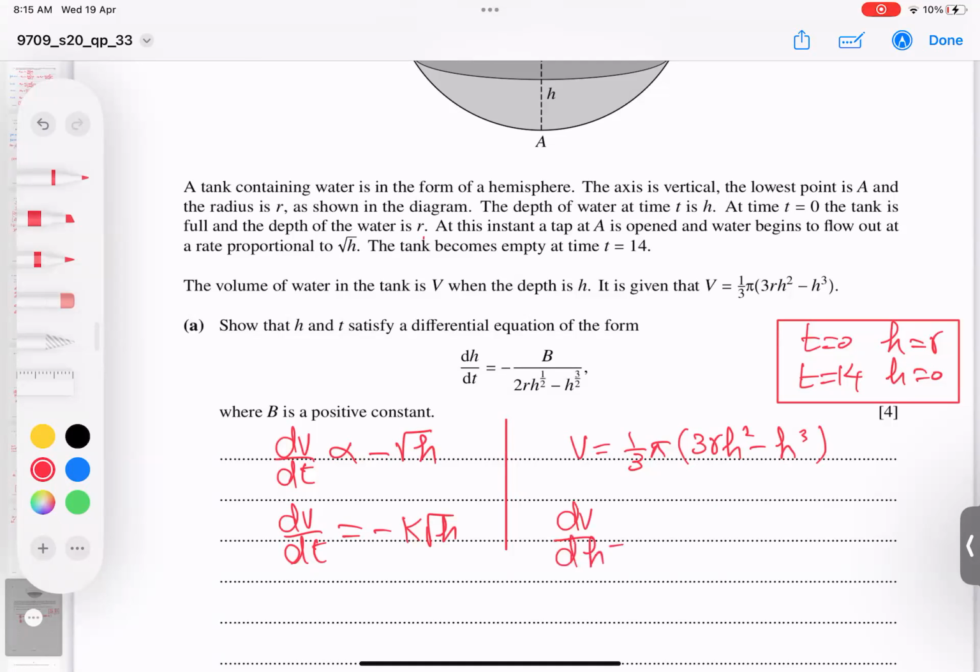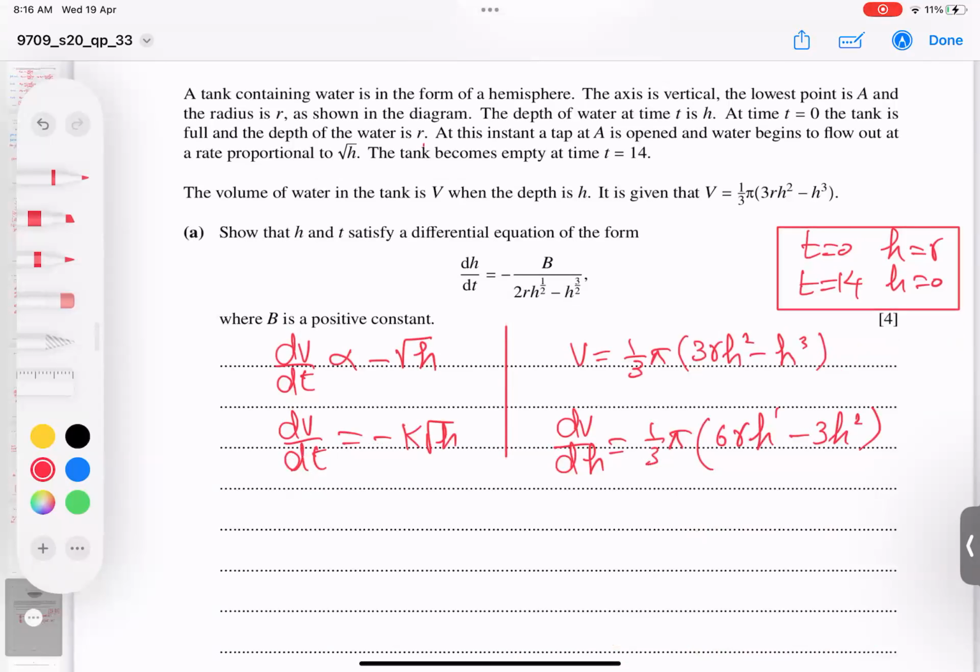Why dh? Because height is the concern, with respect to height. Height is changing, the radius of the object is not changing at all. 1 by 3 is a coefficient outside, untouched. So 2 will go down, we get 6r h, power 1 left. 3 goes down and power 1 less. And after this, 3 and 3 common out, cancel with that.